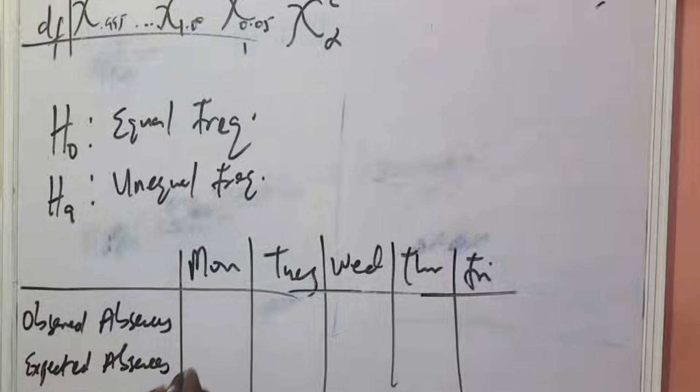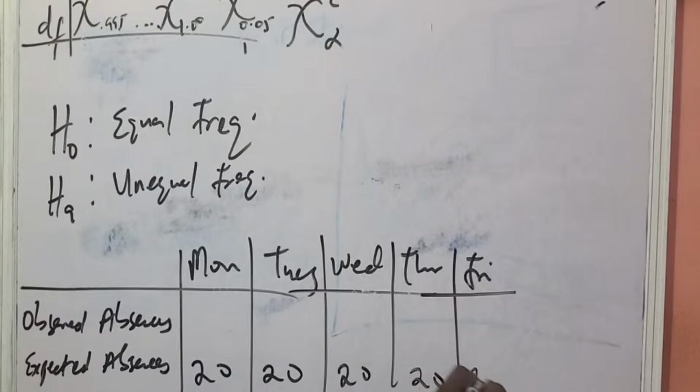Now we're given 20. Of course, he expected equal. This is what he expected. Don't forget we had 100 students, and it's expected that they're going to be absent equally. There's going to be an equal number of absentees for the whole 5 days. So that means we'll be having 20 for each day. All right. So that was expected.